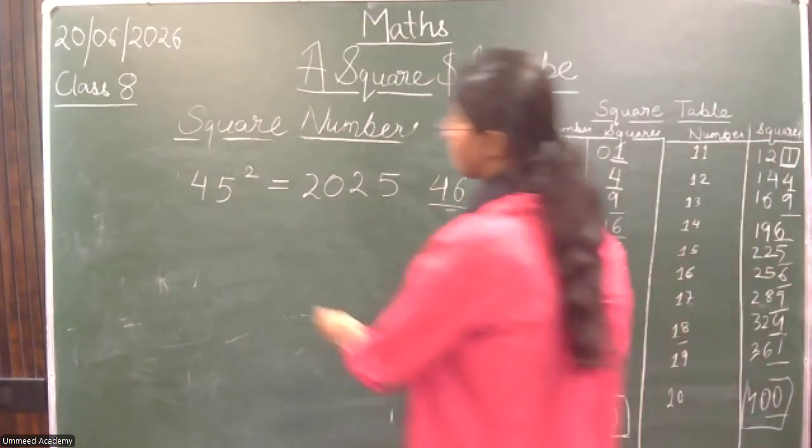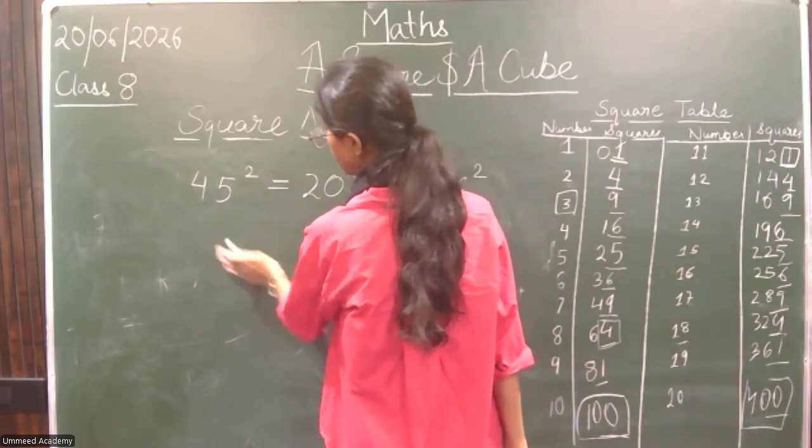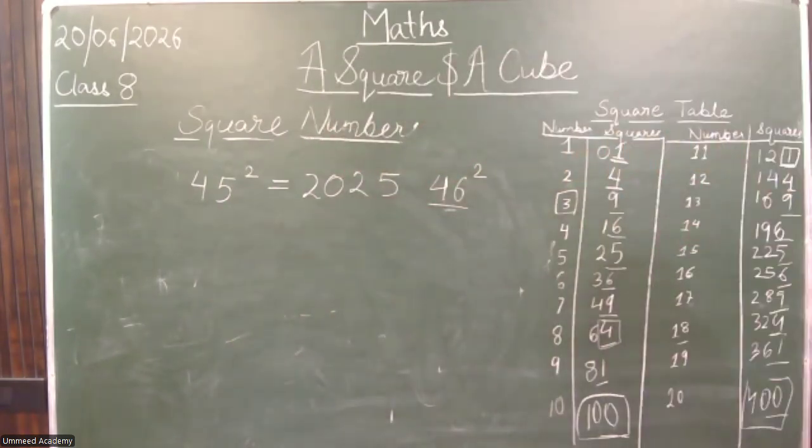How? How, Pulkit? By the help of 2n minus 1. 2n minus 1. Okay, do.